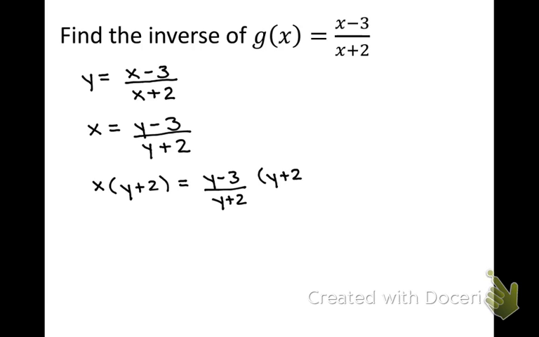Because whatever I do on one side, I have to do to the other. Now, the beauty of that is I no longer have a fraction on the right-hand side. I have x times y plus 2 equals y minus 3. Any thoughts on what I should do next? Yeah, let's distribute that x.